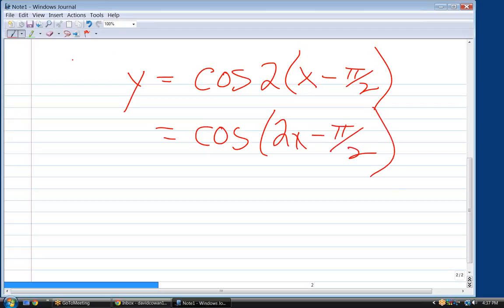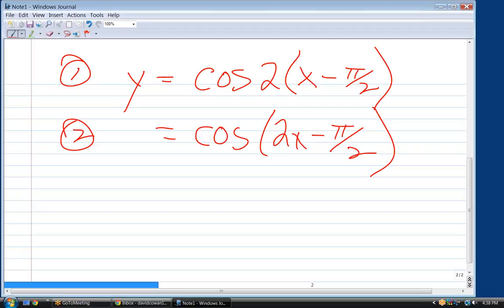What's the phase shift in this one, in number 1? The shift for that one would just be pi over 2. Okay. What about number 2? That would be pi over 2 divided by 2. Yes.